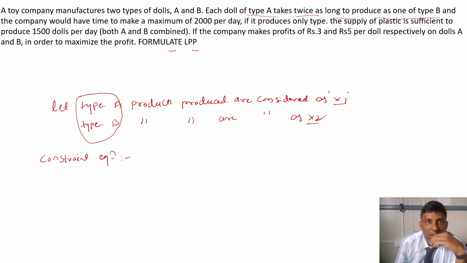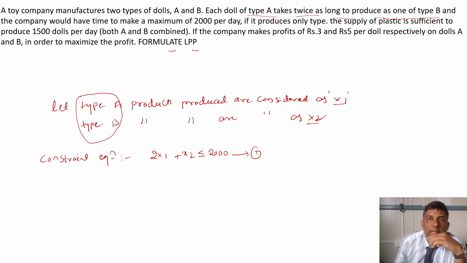The constraint equations: 2x1 plus x2 is less than or equal to 2000, because we can produce only that much per day. This is one constraint, so I will call this equation 1. We have another constraint here, the raw material constraint.